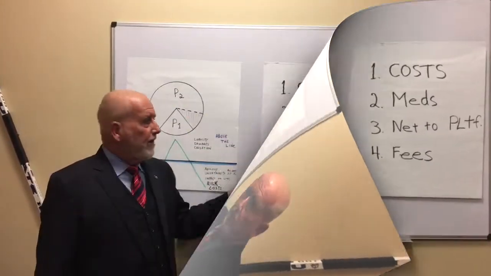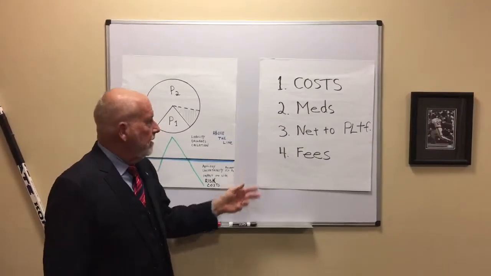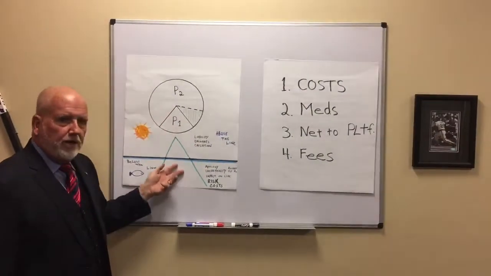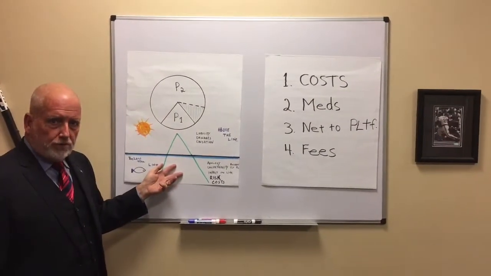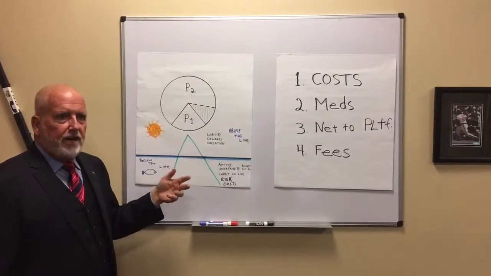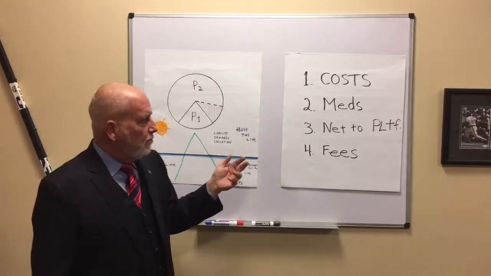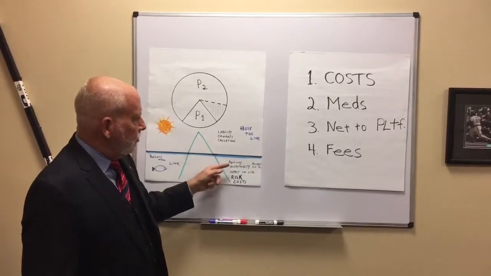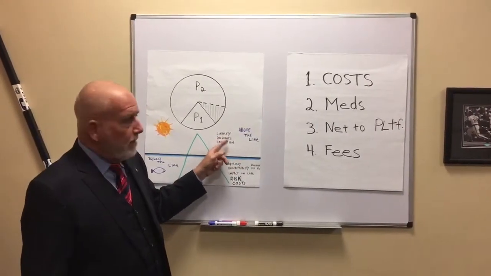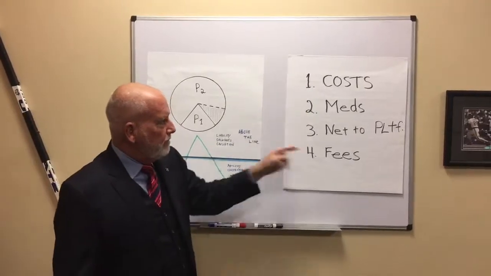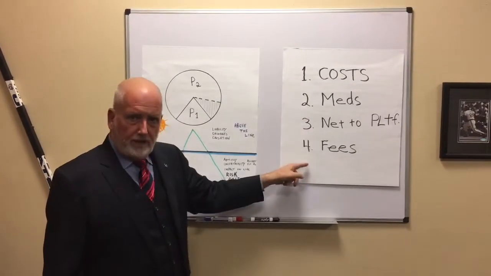Now that we've identified what it is that we want and the type of bargaining process that we're going to use, we can now proceed and implement that strategy in that negotiation. But one other thing I wanted to point out, we talked about interests that are below the line and above the line. These are obviously the interests in this plaintiff's case that are pretty much above the line.